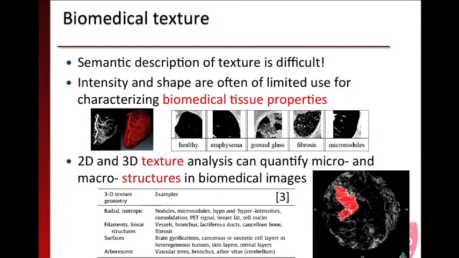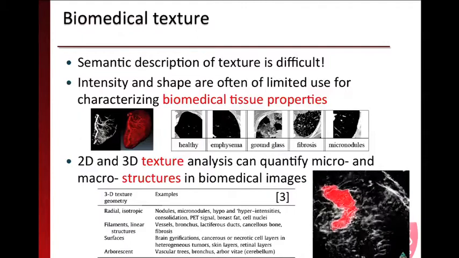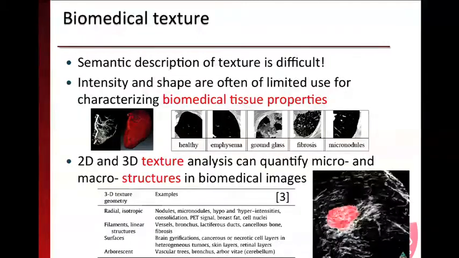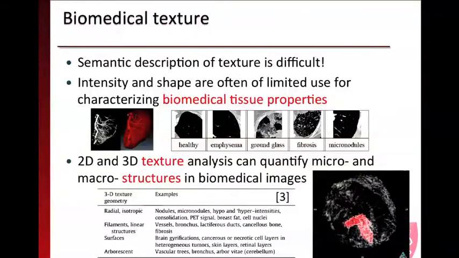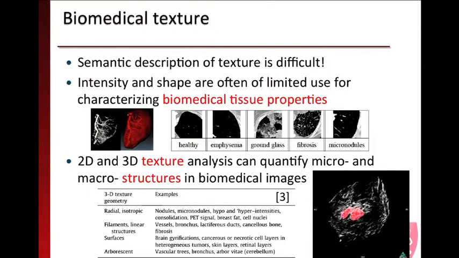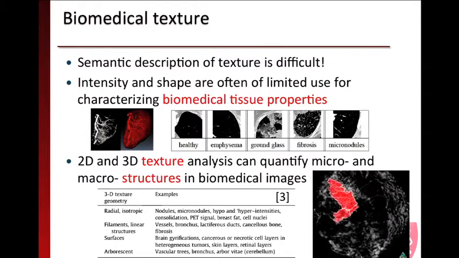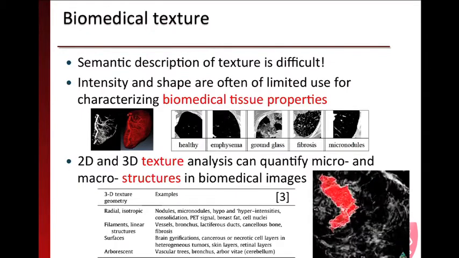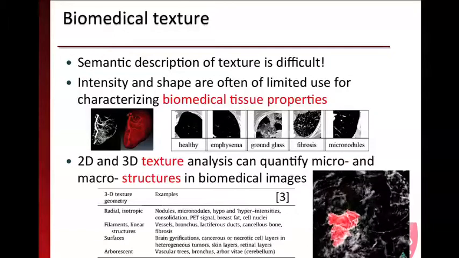So 2D and 3D texture analysis can quantify micro and macro structures in biomedical images. And as a few examples here of the geometries of those textures, they can be radial, such as nodules, or linear, like vessel or bronchus, or even surfaces, like brain gyrification, or even arborescent, if you think of a vascular tree and so on.